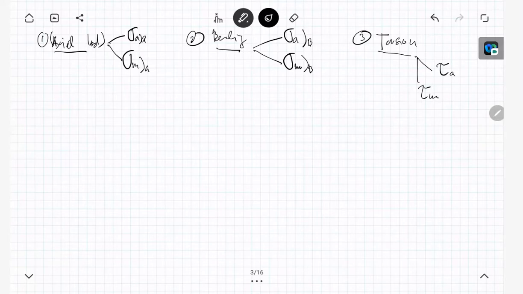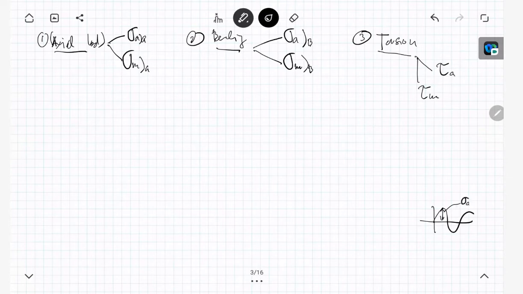As we learned before, the alternating is reversed. This is alternating, sigma A, for the bending.